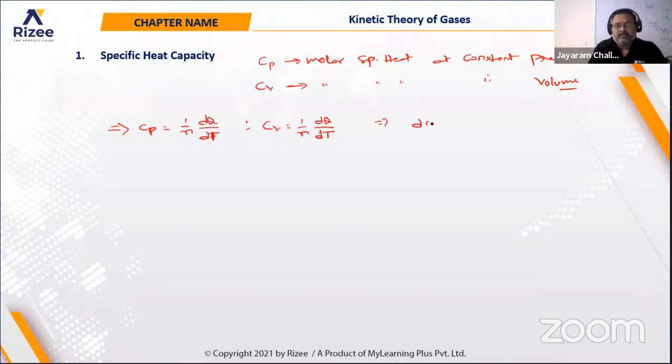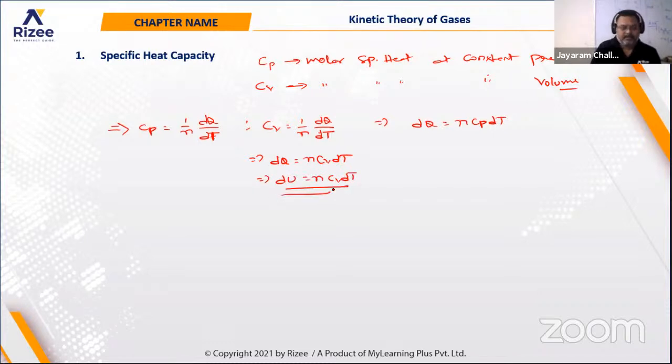So the total heat can be written as n Cp dt for the constant pressure heat supply, whereas in the case of constant volume, the heat supplied dq is equal to n Cv dt, and this is numerically equal to the internal energy of the system, which depends on the temperature.